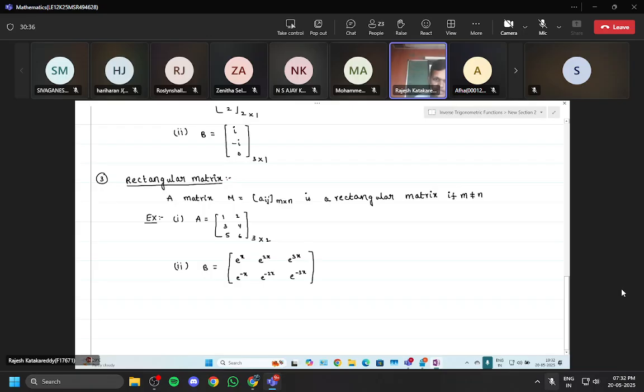This is also again a rectangular matrix, 2 rows and 3 columns. Clear? After rectangular matrix, we are seeing square matrix.